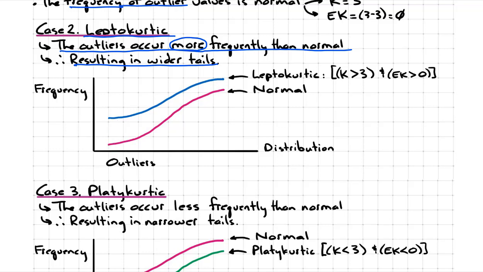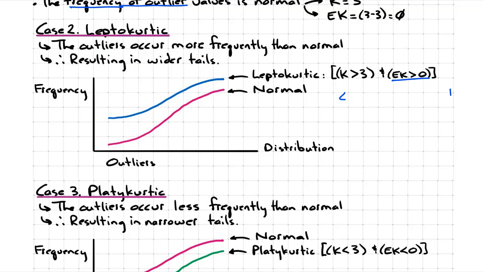Now, if it is leptokurtic, here's how the metrics are going to measure out. Kurtosis would be greater than 3, and as a result, excess kurtosis will be greater than 0. So if kurtosis was actually 4, excess kurtosis would be 4 minus 3, equal to 1.